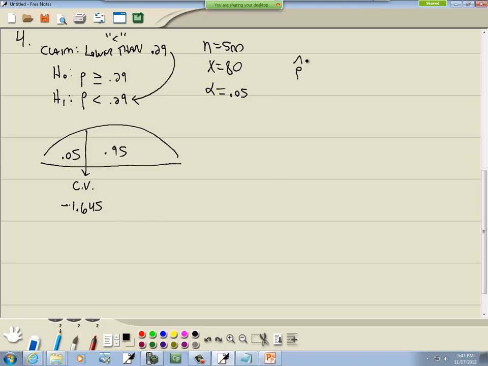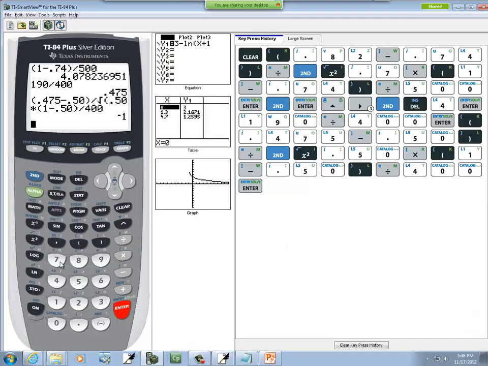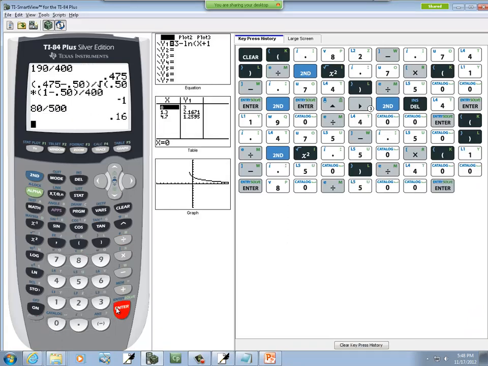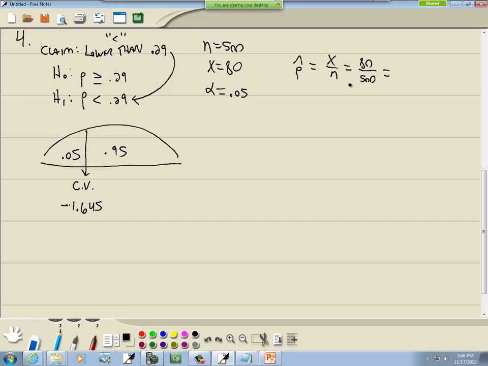And we need p hat, which is x over n. Let's see, x is 80 over n, which is 500. So 80 divided by 500 is 0.16.